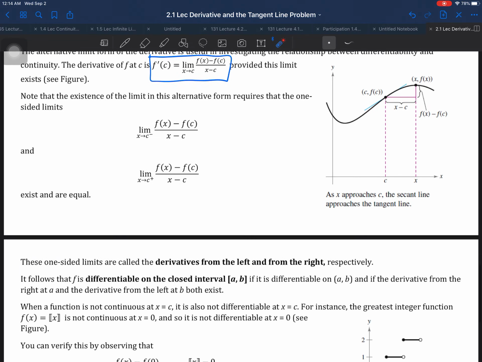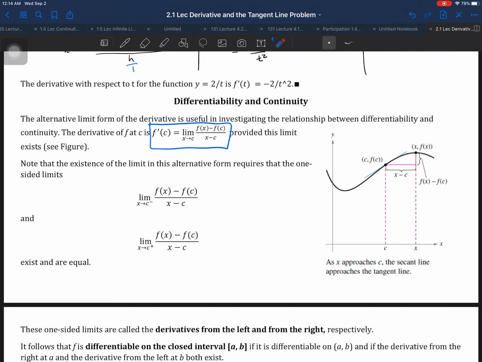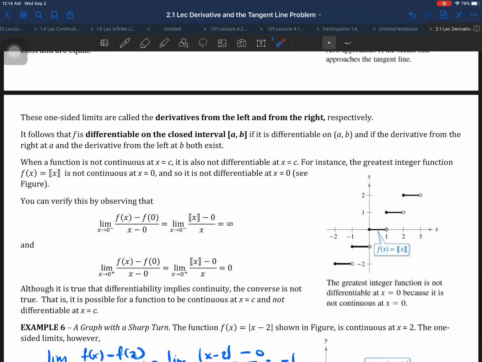So what we're going to do here is show that this is not differentiable, and this is a very good way to show that something is not differentiable because you're approaching from both sides. So this is a good technique to remember. So let's try this.